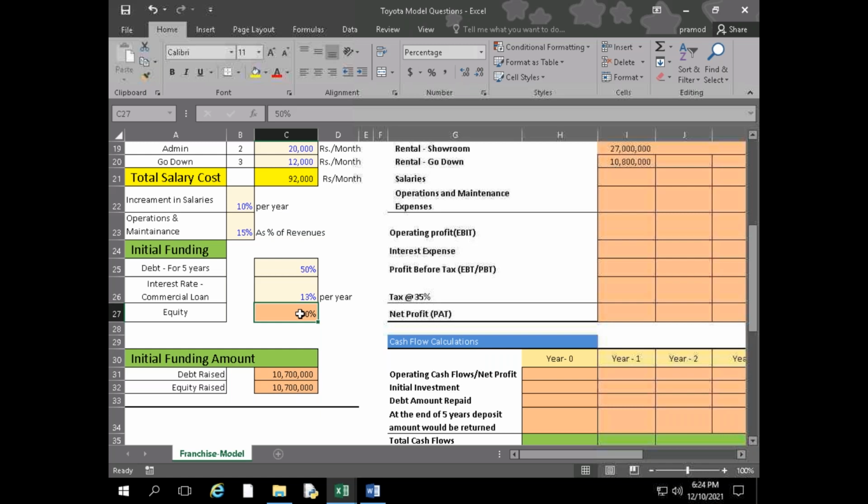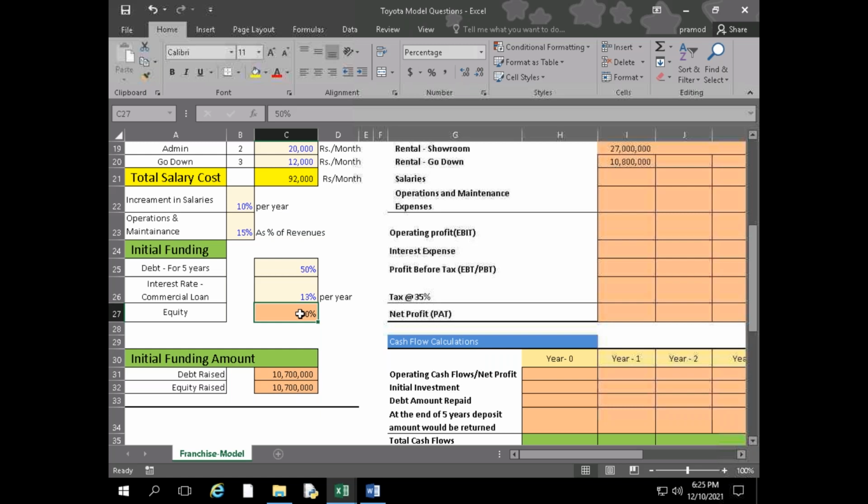Just make it as equity. Okay, sir. Understood?